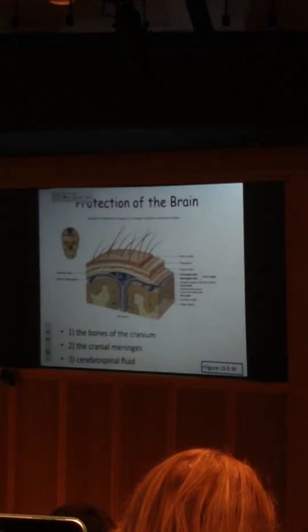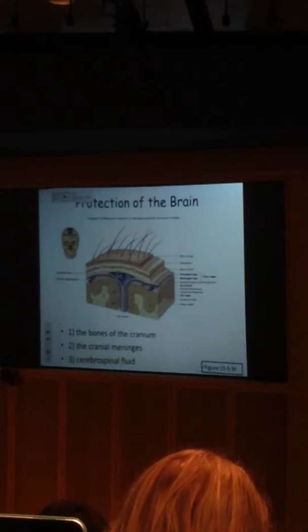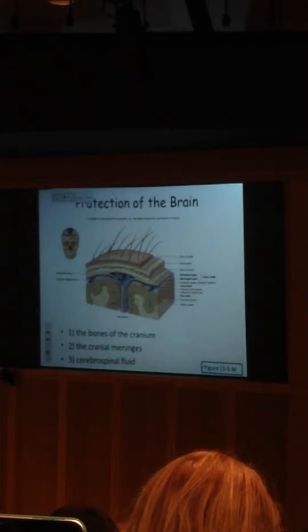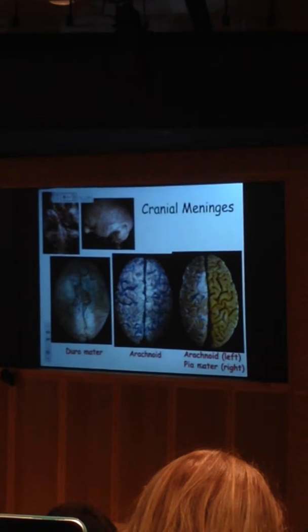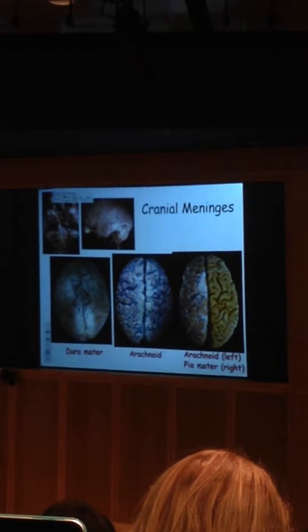We're going to talk more about the meninges in a couple of next slides. And there's also a very important fluid surrounding and inside of your brain to help absorb any shock and mechanical damage to your brain.